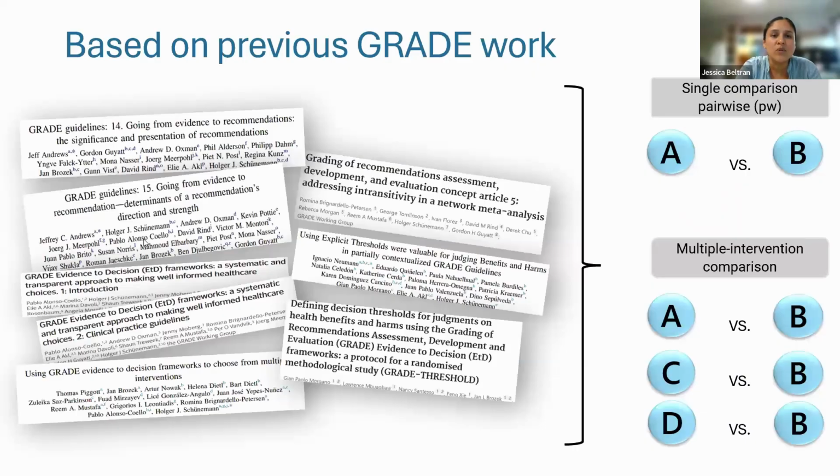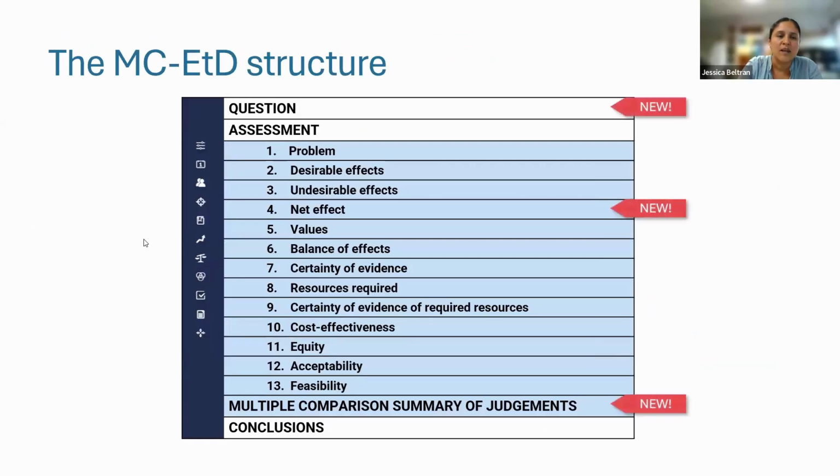It is based on previous GRADE work, so we follow all the GRADE guidance from previous publications of the group, but with specific modifications for evaluating multiple comparisons. The multiple intervention comparison ETD framework retains the original ETD 3 core sections, which are the question, assessment, and conclusions, but with a few new features that we will explain briefly.